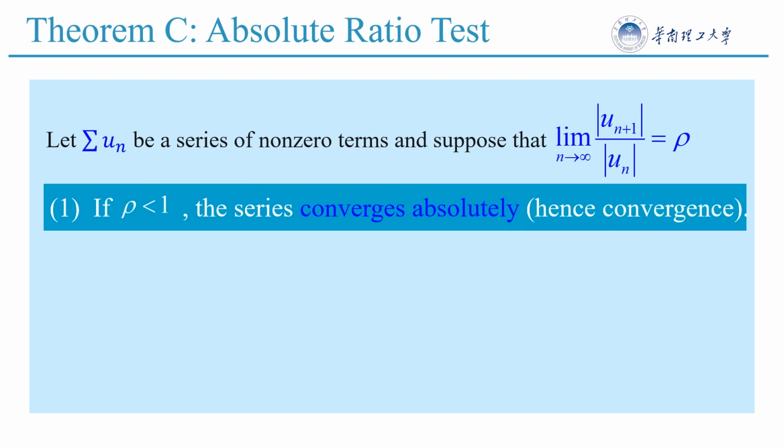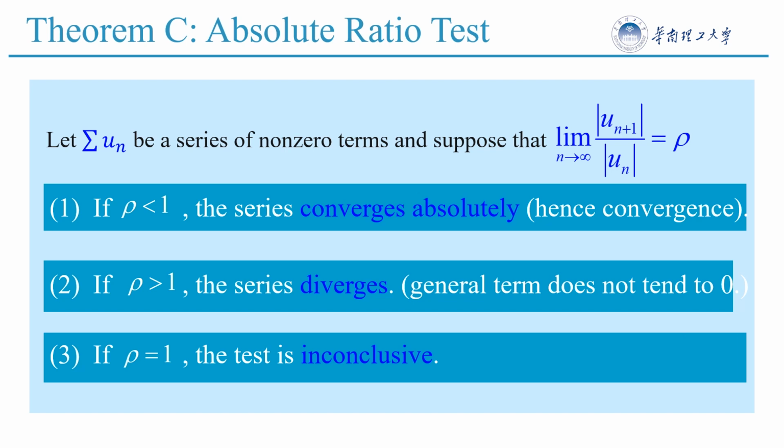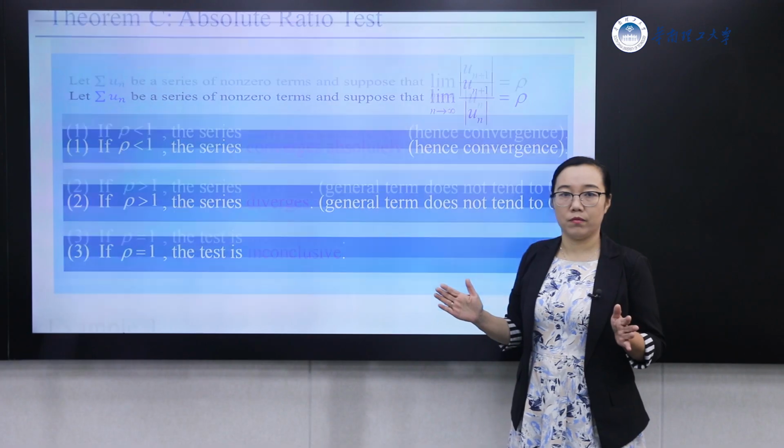Case 1. If rho is less than 1, the series converges absolutely. Case 2. If rho is greater than 1, the series diverges. At this time, the general term does not tend to 0. Case 3. If rho equals 1, the test is inconclusive.